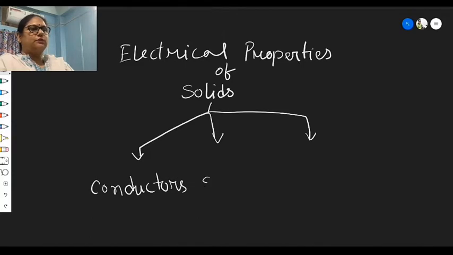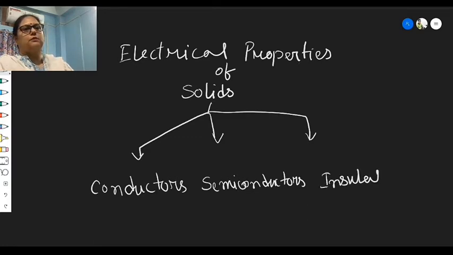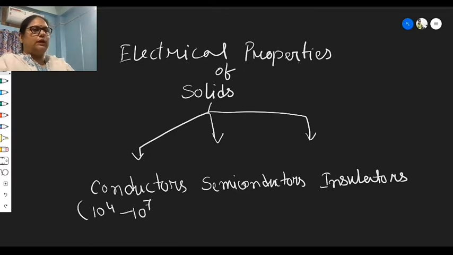One is conductors, then semiconductors, and number three, insulators. For conductors, the conductivity range is from 10 to the power 4 to 10 to the power 7 per ohm per meter.